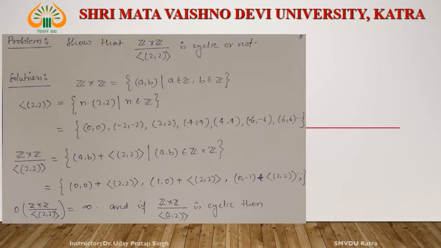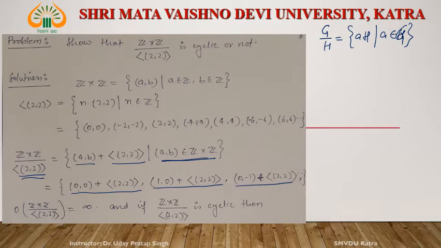This is a quotient group, and we know that all the elements of a quotient group are of the type a plus H, a belongs to G. Then all the elements of Z cross Z by (2, 2) are of the type (a, b) plus H, where (a, b) belongs to Z cross Z. Now see, what is (a, b)? It is any element like (0, 0), (1, 0), (0, -1), (2, 3), (5, 4), right? These are some examples.